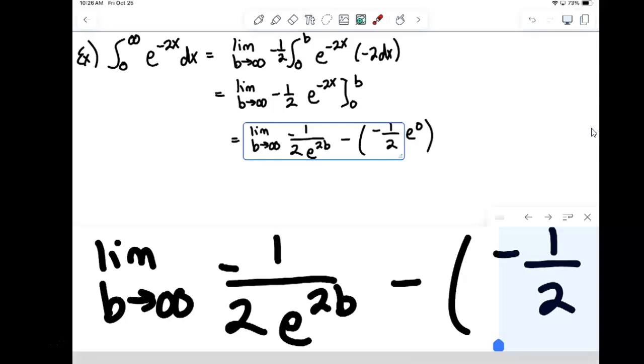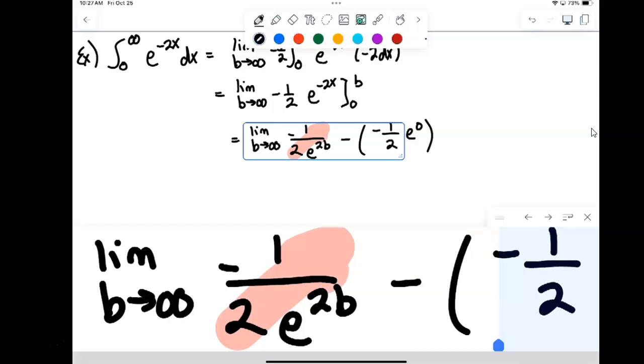Okay, and let's work this out. So here we're doing the limit as b goes to infinity. Well, e to a power, e is going to go to infinity there as b goes to infinity. So that's going to be a number 1 divided by infinity. So this whole thing right here is just going to go to 0.